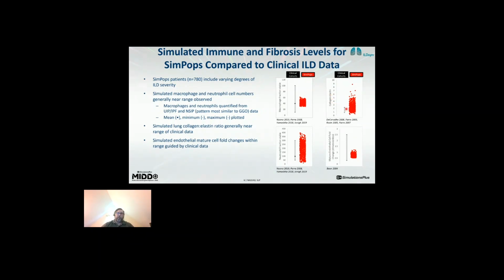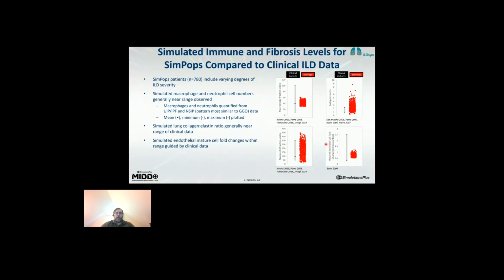And again, allowing some patients to represent the clinical data, and then have some expanding beyond, with the idea being that the model, we want to be able to represent what has been seen, but then also be able to examine scenarios mechanistically beyond what has specifically been observed. So the capability of these patients includes both of those aspects. And then we have endothelial cells as well, demonstrating some variability there within the clinical data support.